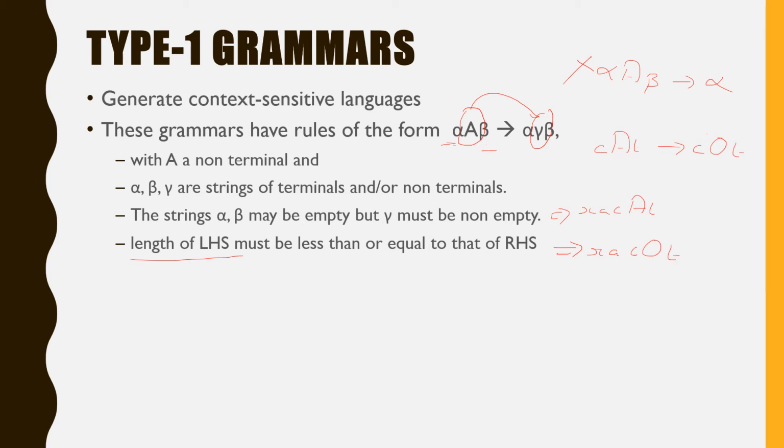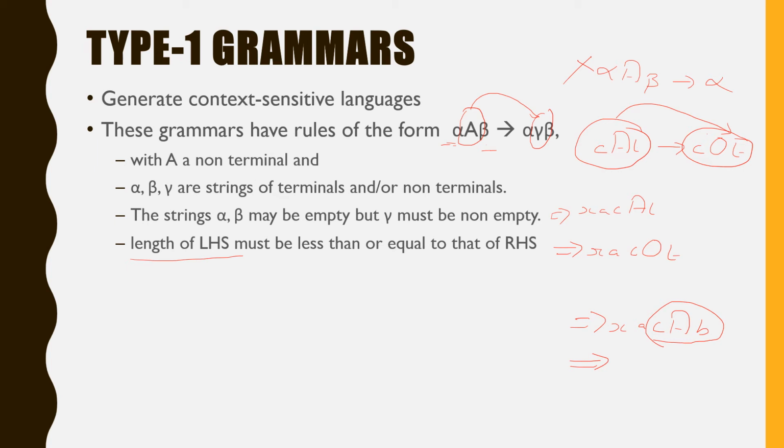But when I get a different combination, like suppose when I derive XACAB, I cannot change A to O now because C and T have not arrived on either side. So with respect to this context, if A arrives, then it is possible to derive an O with respect to the context. So therefore this is one restriction which is imposed on type 0 grammar.